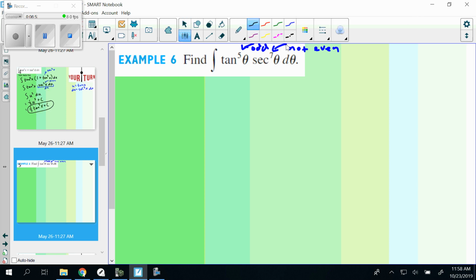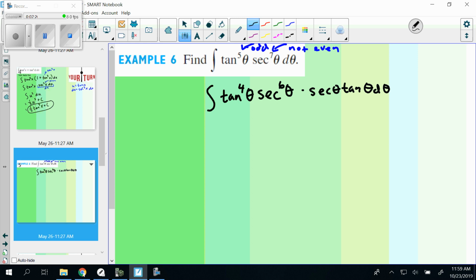So what we're going to do is rewrite this one. We're going to take one tangent and one secant out of both of these. So it's going to be tangent to the 4th power of theta, secant to the 6th power of theta, because we're going to separate out a secant tangent out of this, because we know that's the derivative of secant.